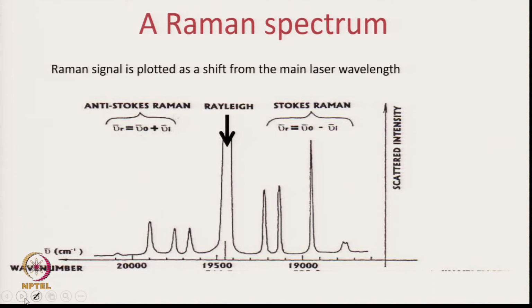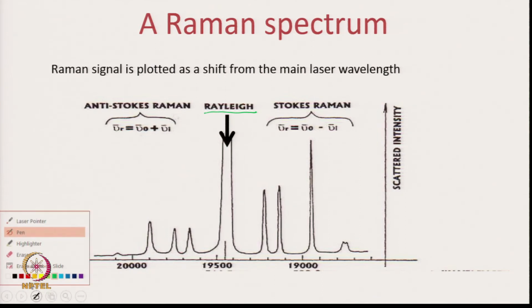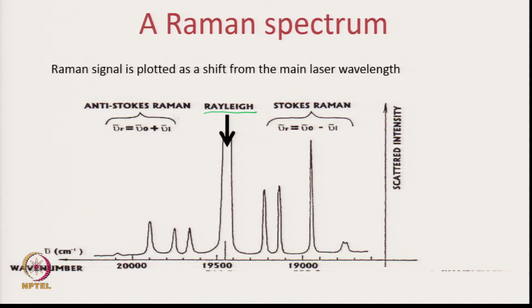So, the spectra we get, obviously what we are blocking is Rayleigh scattering, which is the laser light, which was red in our case. So, let me make it red so that we do not confuse. So, this is the red, and we have put a filter.